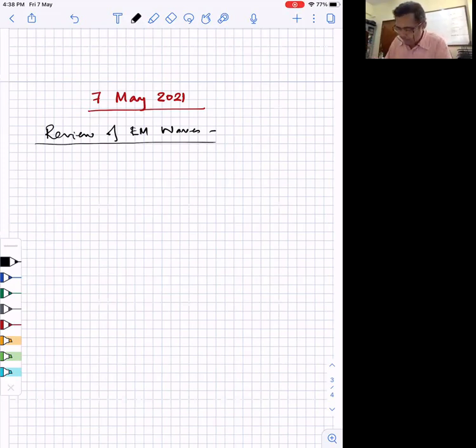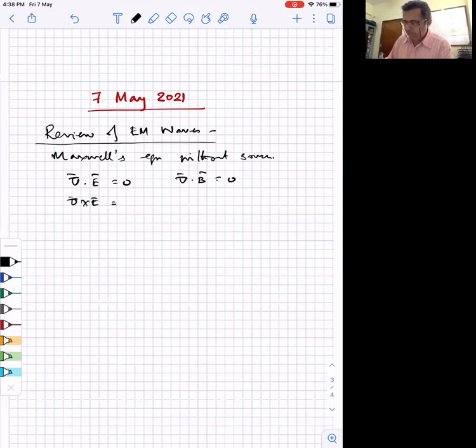So the divergence of E is equal to 0. Curl of E is equal to minus 1 by c, del B by del t.